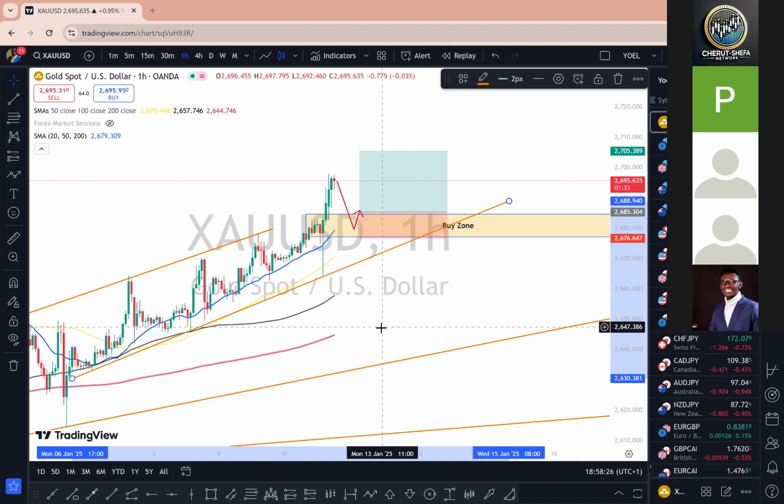The 20 is just there in case I'm not yet confident about what that trade is giving me in 1 hour. I want to see what could be happening in 15 minutes, and that is where I can use the 20, because the 20 works better in the lower time frame.